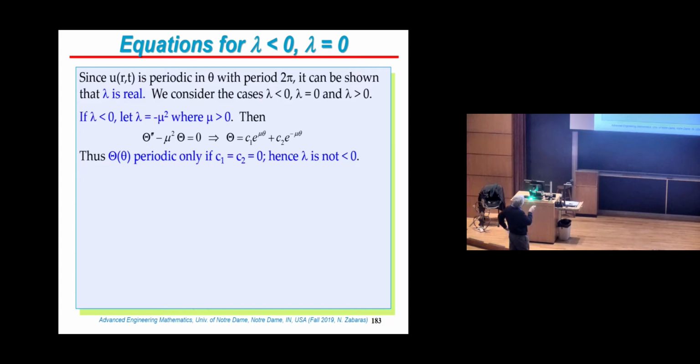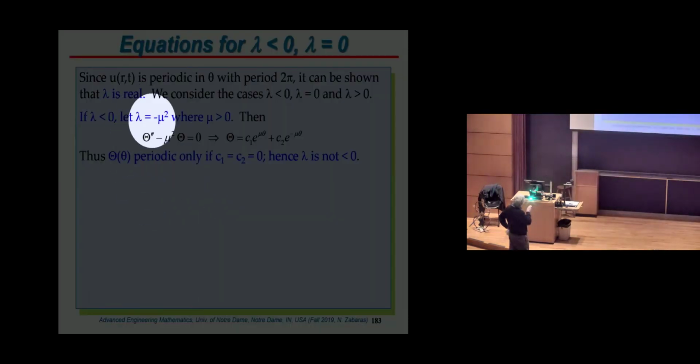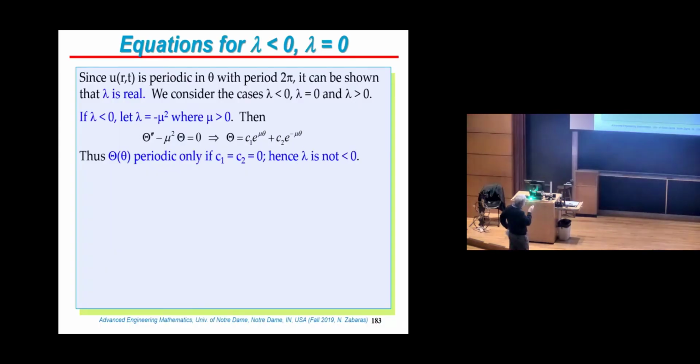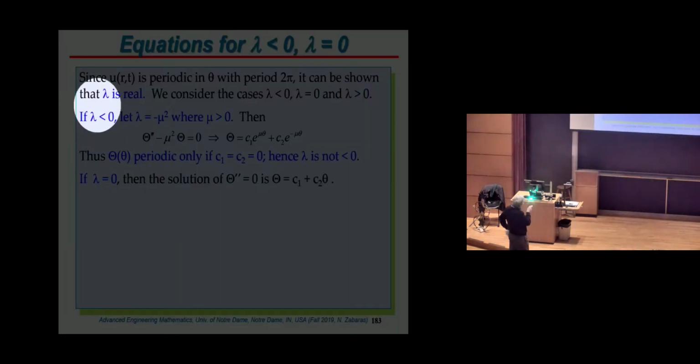So the equation for theta is going to look like this. Which way can you make this periodic in the angle theta? There is no way for exponentials to be periodic, so C1 and C2 have to be 0. So this gives me the 0 solution, and so basically, forget about it. We cannot have lambda less than 0.